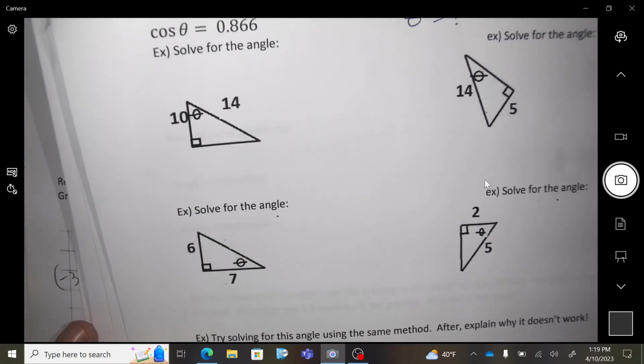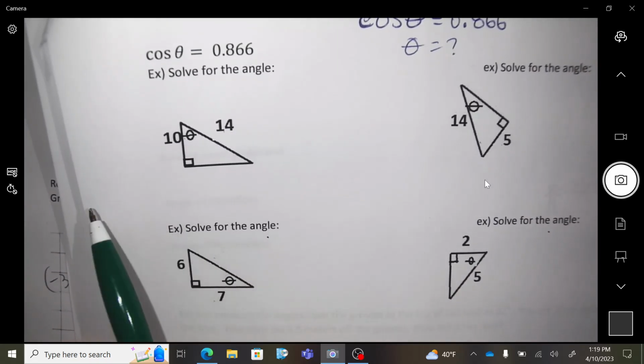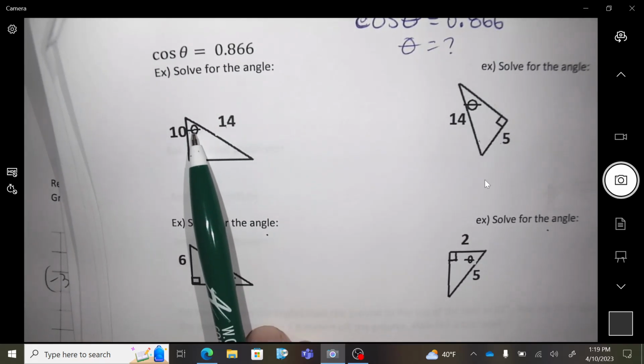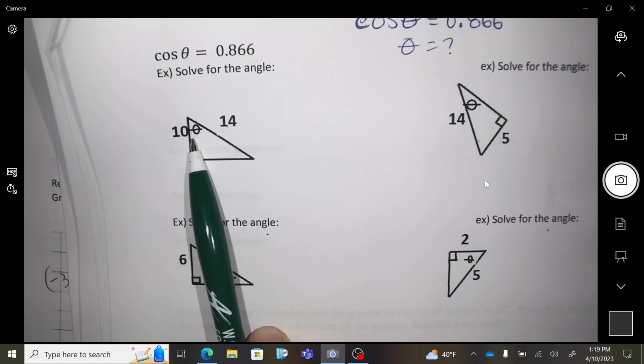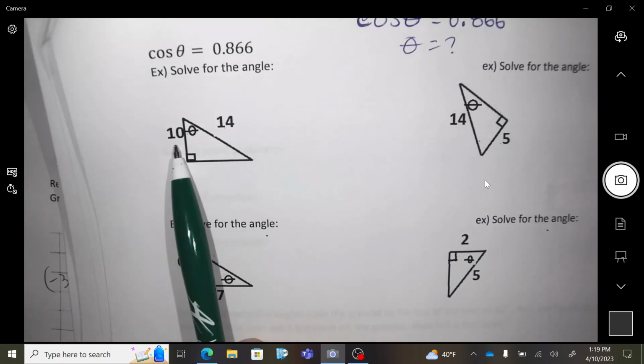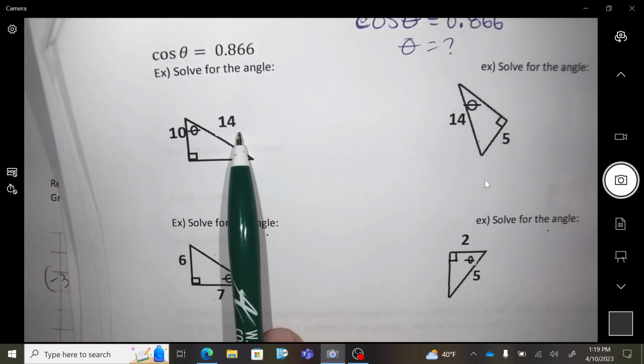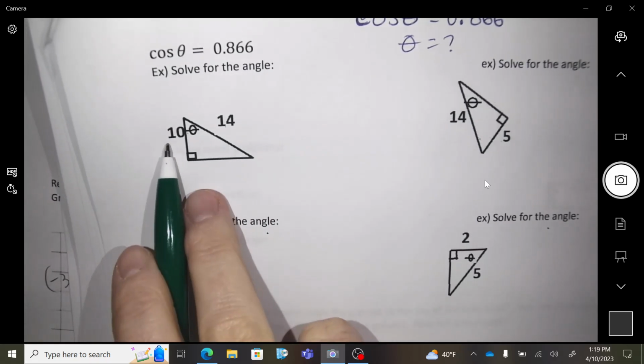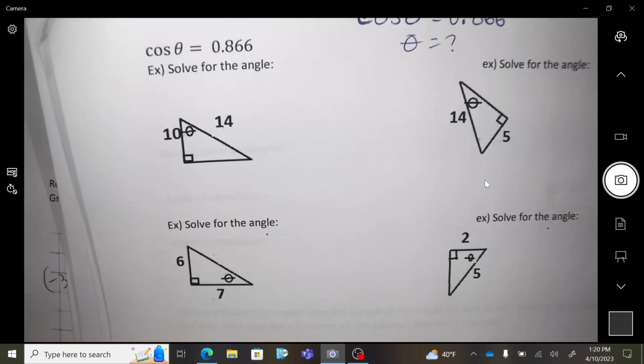Okay, so let's apply this. Solve for this angle. First of all, here's my angle position. There's O's, there's A's, and H's. 10 is which? 14 is which? Write them down. Is 10 your O, your A, or your H? Put a letter on there.